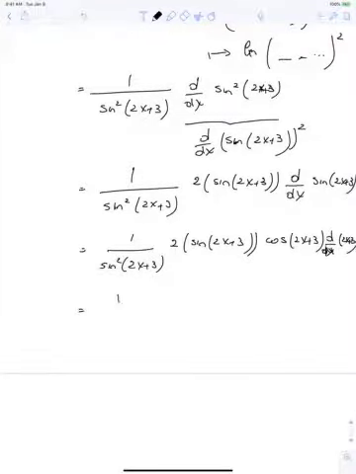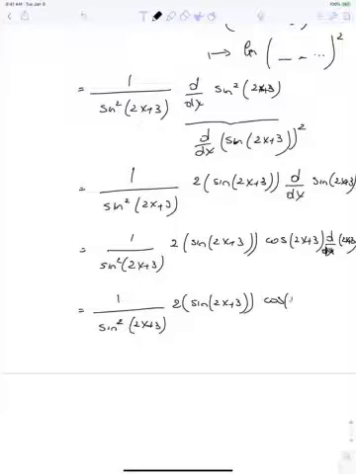So now it's 1 divided by sine square. We can simplify, of course, so I'm going to do everything at the end, times 2 times the sine of 2x plus 3 times the cosine of 2x plus 3. Now the derivative of 2x plus 3 is 2, so we multiply it by 2 here.